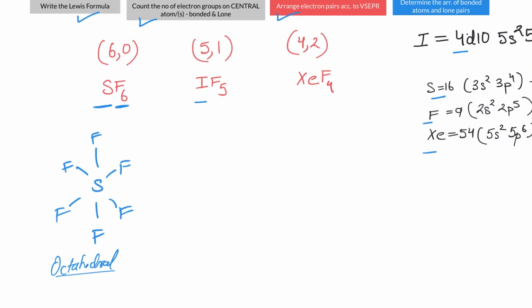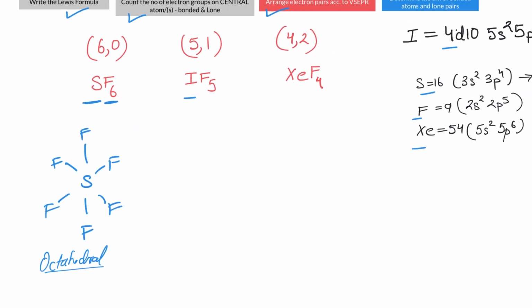The moment you have lone pairs inside, like in case of IF5, what will happen is things are going to be changed. So in case of IF5, the lone pair are going to bend things a little bit, and you have square pyramidal. In case of XeF4, you have square planar.